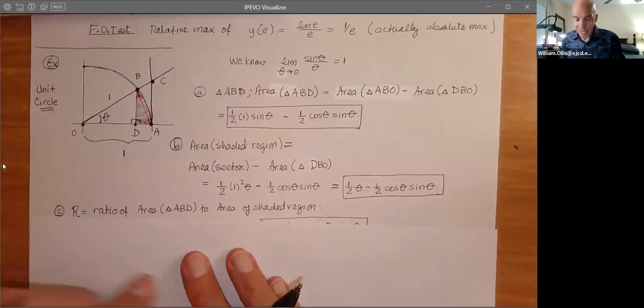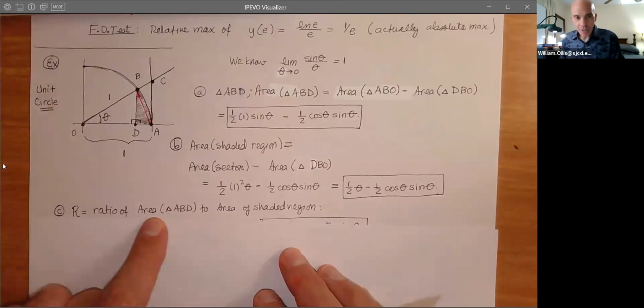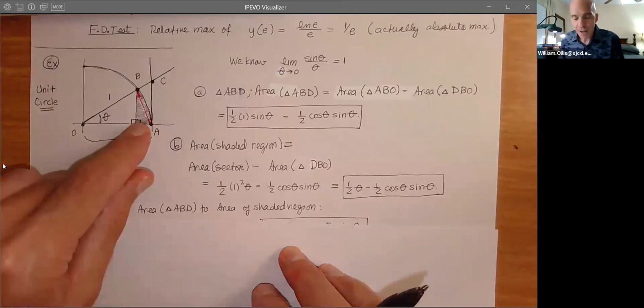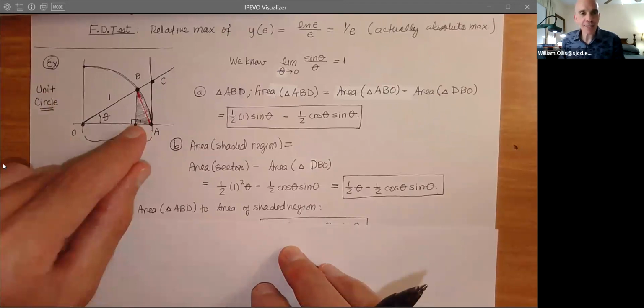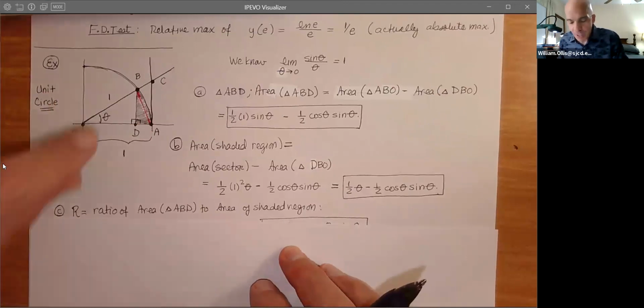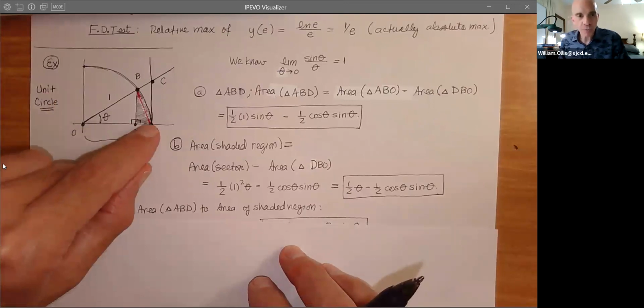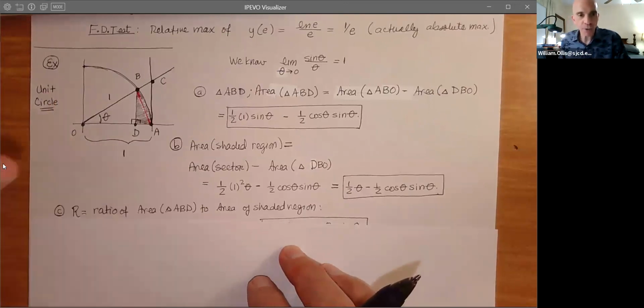So it says the ratio of the area of triangle ABD to the area of shaded region. I think you're going to be surprised that it's actually a finite limit. When you think about it, as theta gets closer and closer to 0, the red line and the circle demarcation start to blur. So this is a really nifty problem.